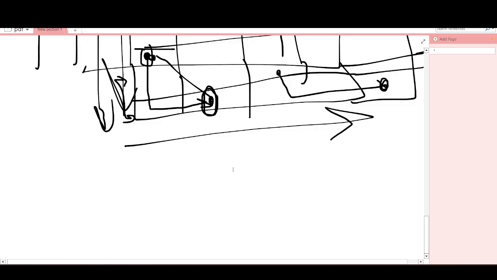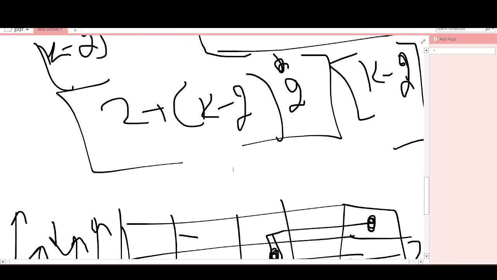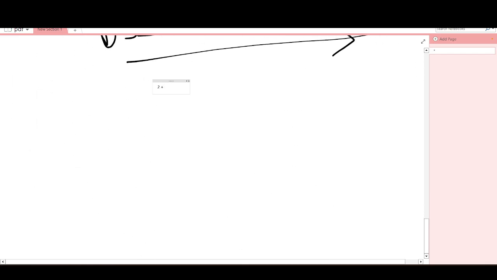Earlier we had a total number of vertical attacks as 2 plus k minus 2 times 2, and this was for a single row, and the total number of rows was k minus 2. Now this is what we figured out for vertical, and for horizontal we have a similar formula coming up. So we need this two times.